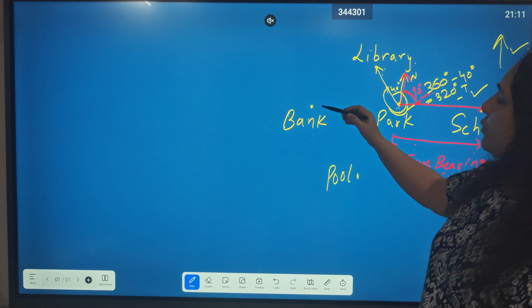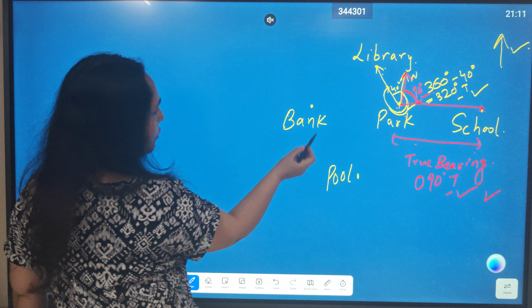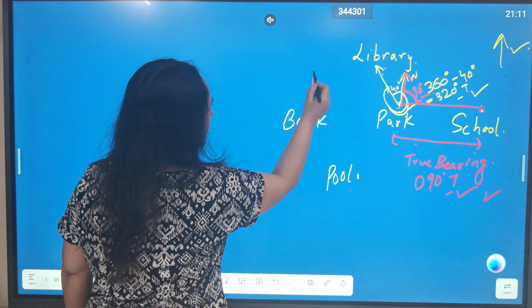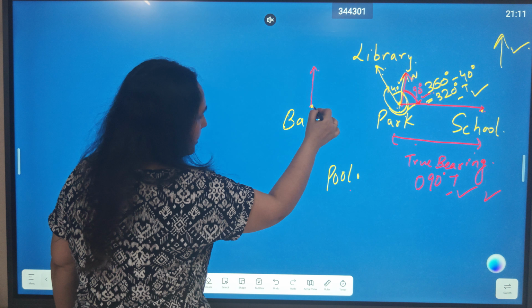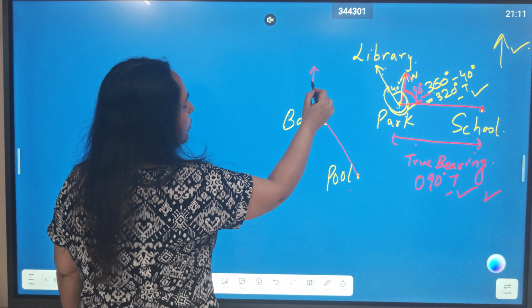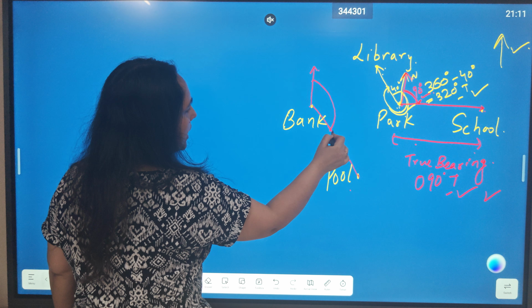Similarly, suppose you want to find the true bearing from bank to pool. So you will draw the north direction here, and then you will draw this line over here, right? Now you will go from north to the pool side.